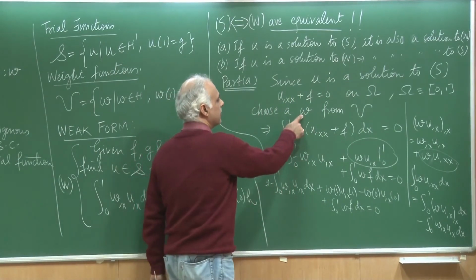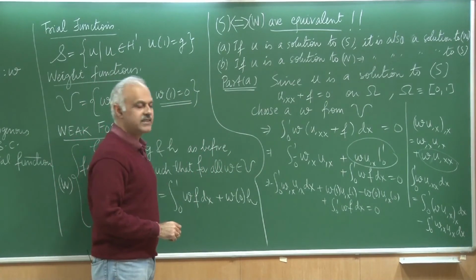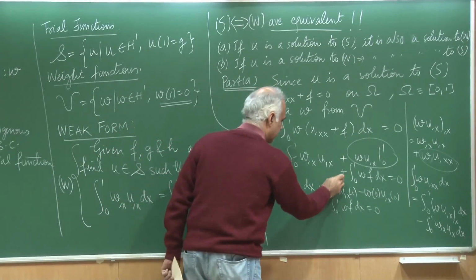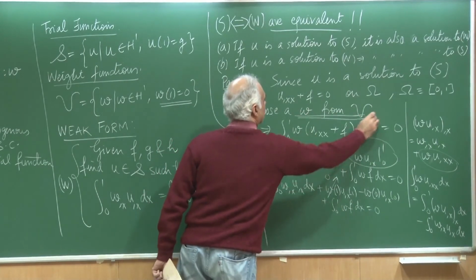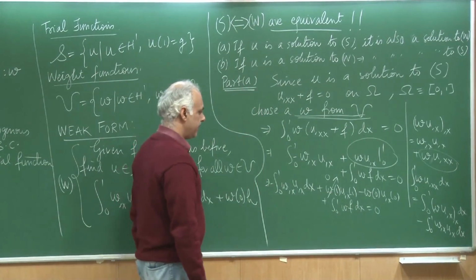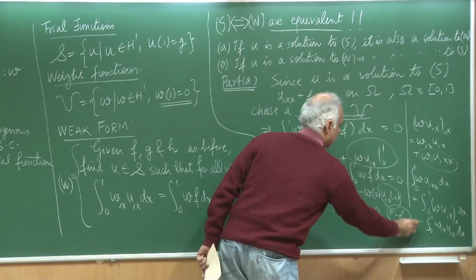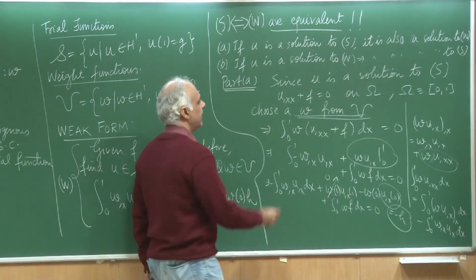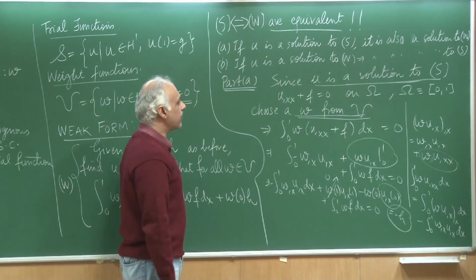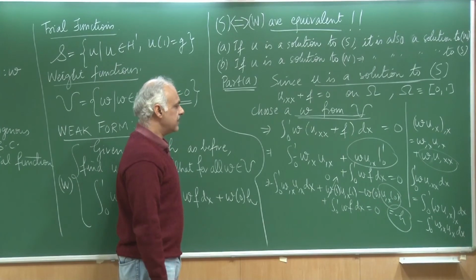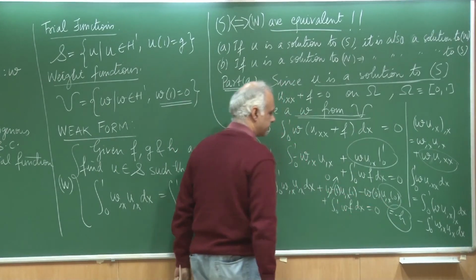Since my w comes from the space V, I must satisfy the condition that w at x equal to 1 is 0. So this term goes to 0 because I have chosen a w that belongs to the space V. And u comma x at 0 would be minus h, because I have chosen u as a solution to the strong form, and the strong form already satisfies two boundary conditions: the Dirichlet condition at x equal to 1 and the Neumann condition at x equal to 0.